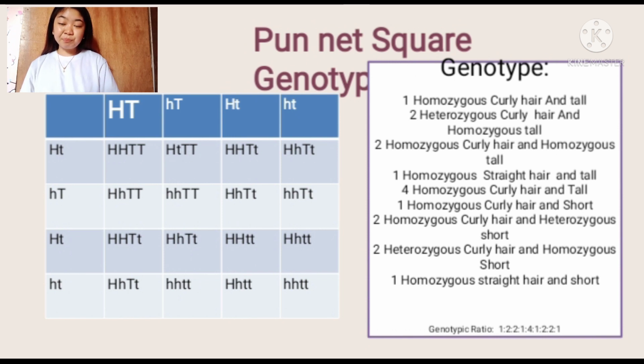So the genotypic ratio is 1:2:2:1:4:1:2:2:1.